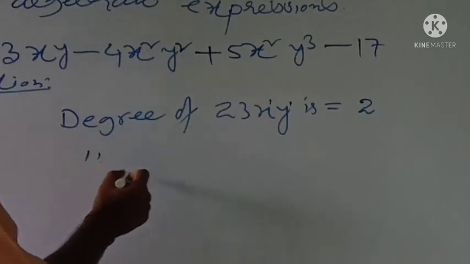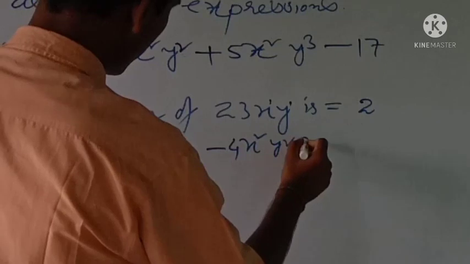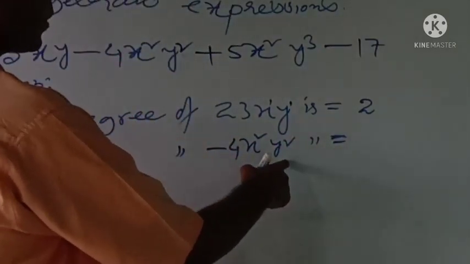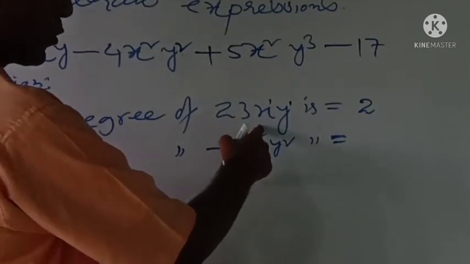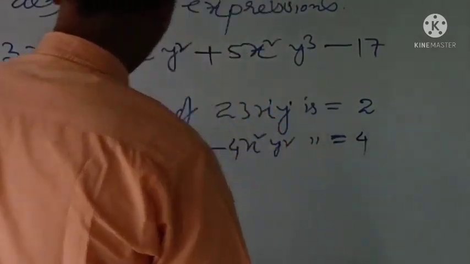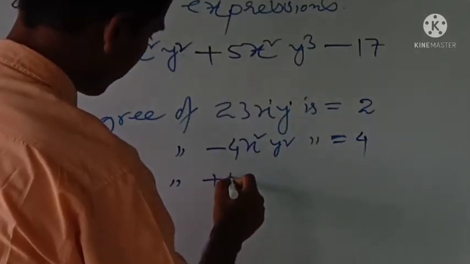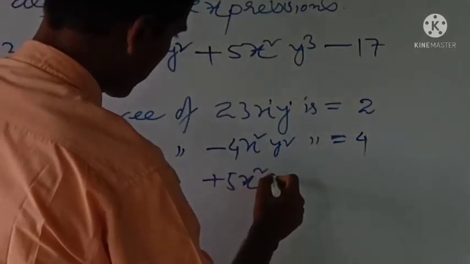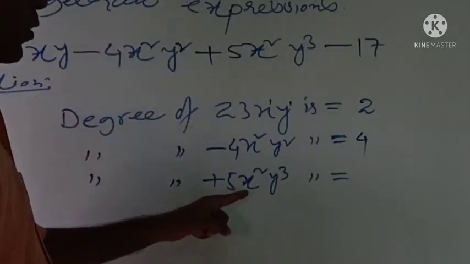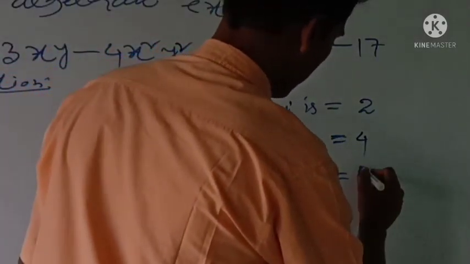Next, degree of minus 4x square y square is very simple. We have two variables, power of x is 2 and power of y is 2, so 2 plus 2, 4. Now degree of plus 5x square y cube: power of x is 2, power of y is 3, so 2 plus 3, it will be 5.